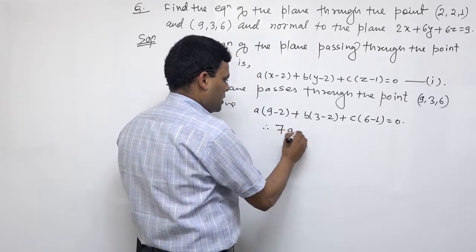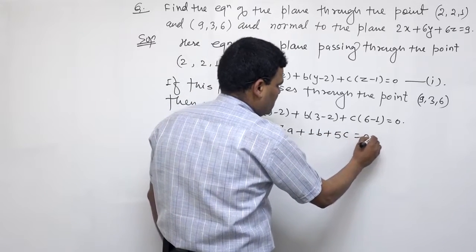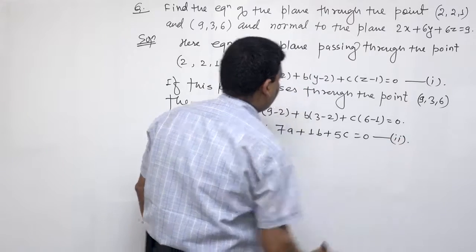Therefore, 7a plus 1b plus 5c equals 0. Let it be equation 2.